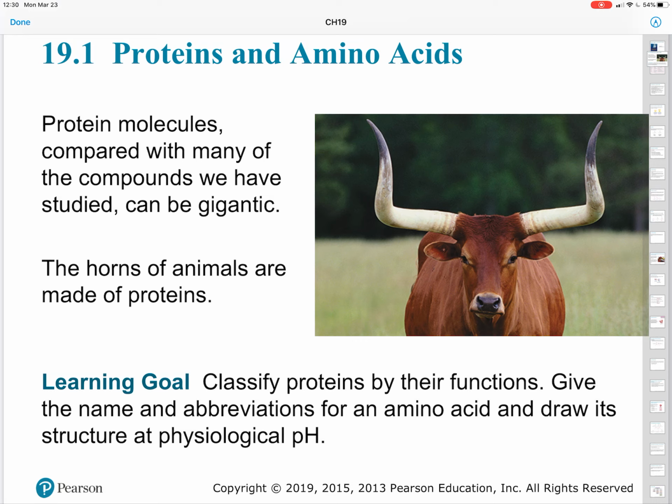But anyways, what's shown here in this cow is its horns. His horns are actually made of protein. Your hair and your fingernails, similarly, are made out of protein. I think the protein is keratin in our bodies. And so structurally, enzymatically, I mentioned a few different types of roles that they play.